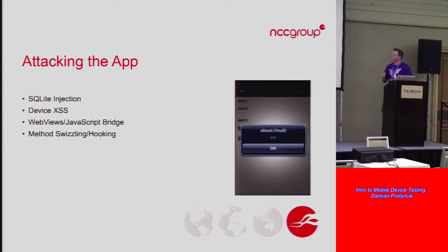They were doing a couple things correctly: they were using a card reader that encrypted at the head. However, he was able to method swizzle the application itself, so that whenever they did the scan, it would send him a copy of the credit card number as they were scanning it.